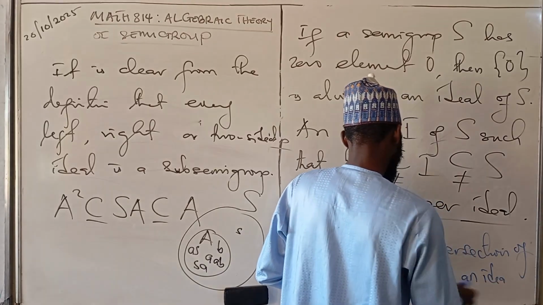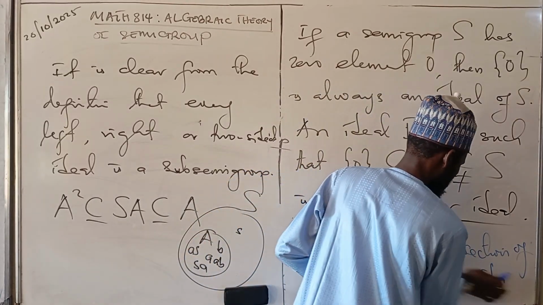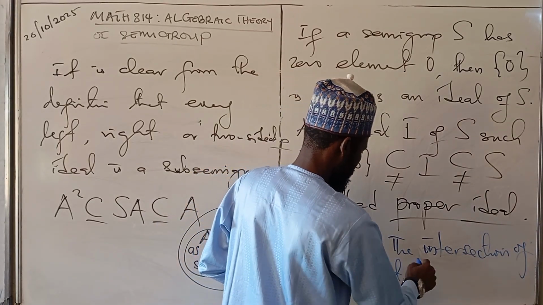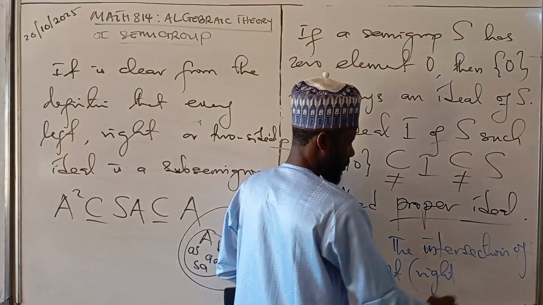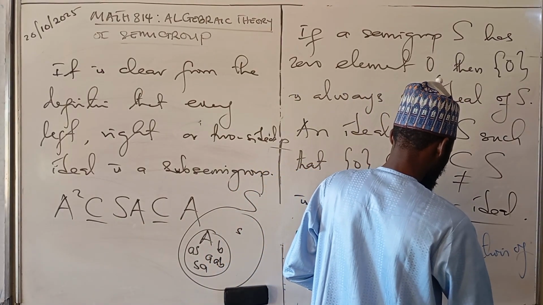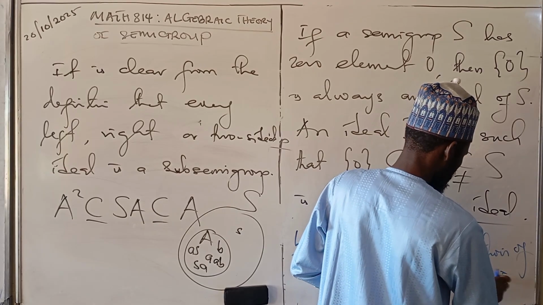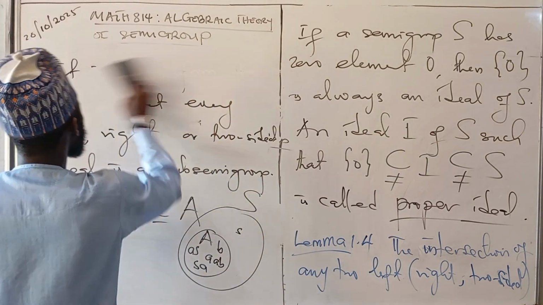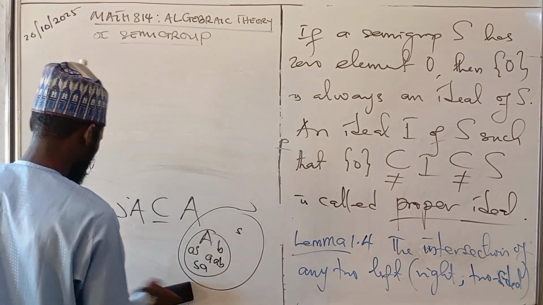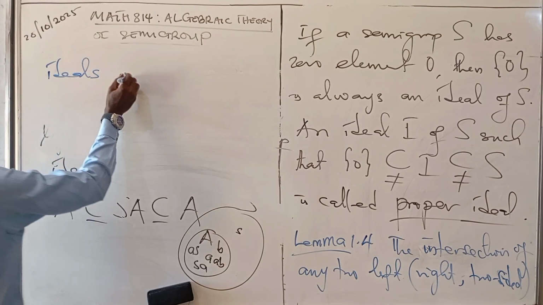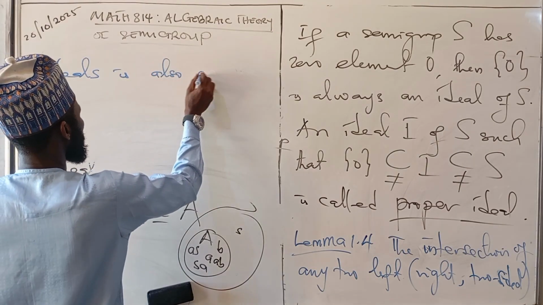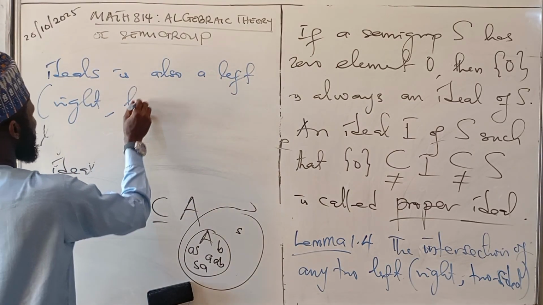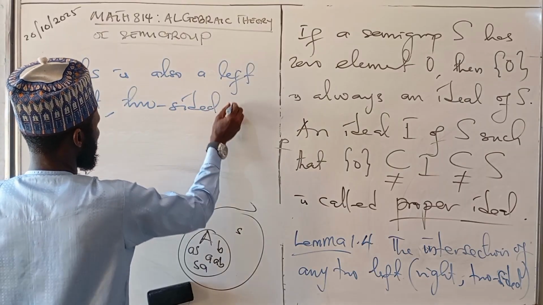In fact, I think I should put it this way: the intersection of any two left, right, or two-sided ideals is also a left, right, or two-sided ideal.